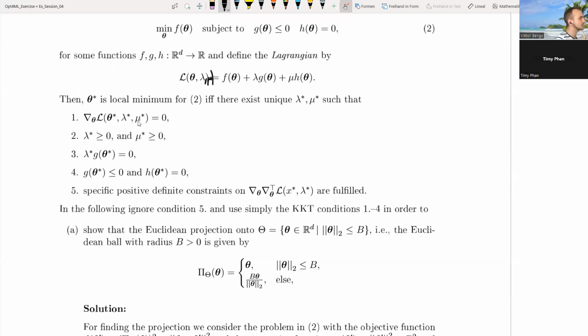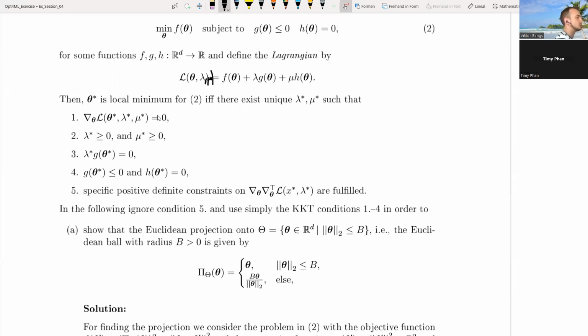The first one is very similar to what we have to ensure to find an optimum in general with regard to theta: the gradient of this Lagrangian function with respect to theta, with theta prime, this candidate for the local minimum, and these lambda star and mu star values plugged in, gives a 0.